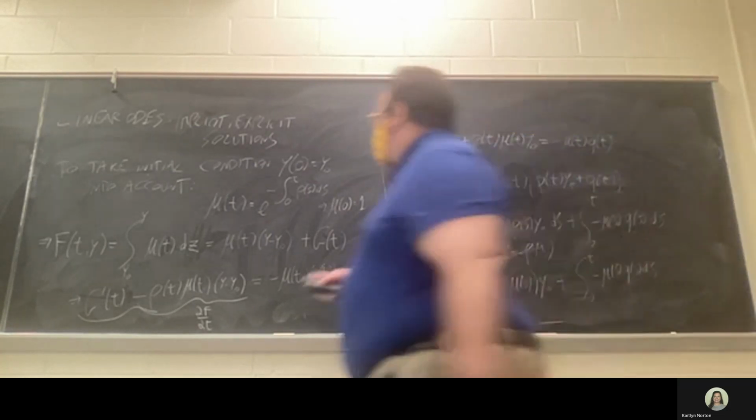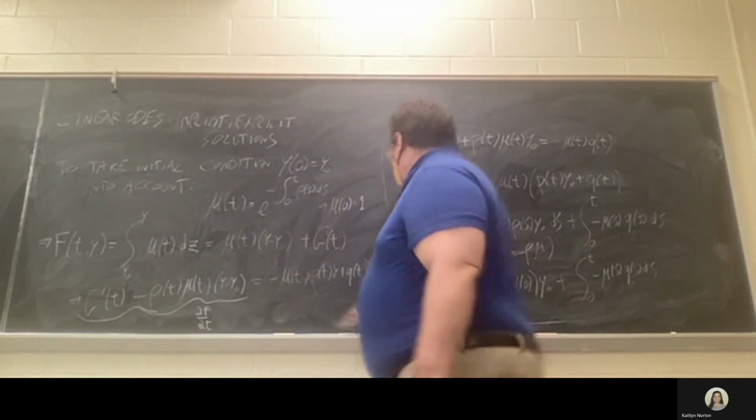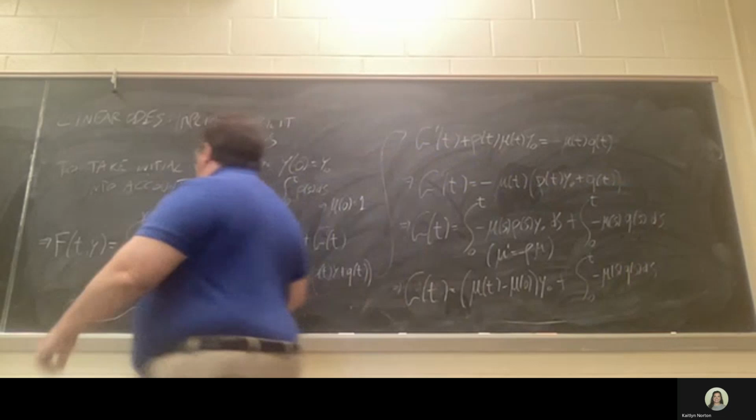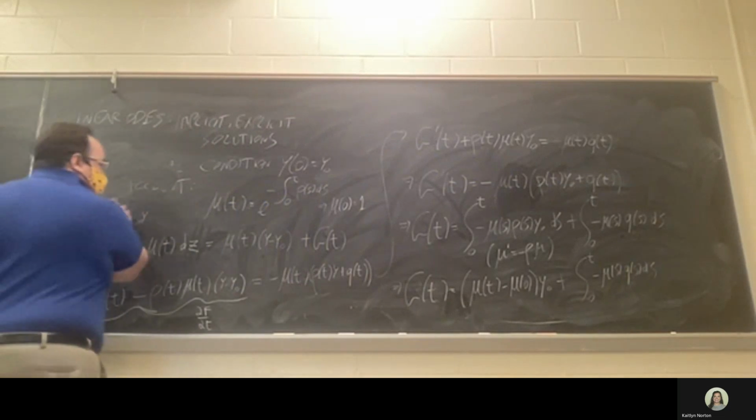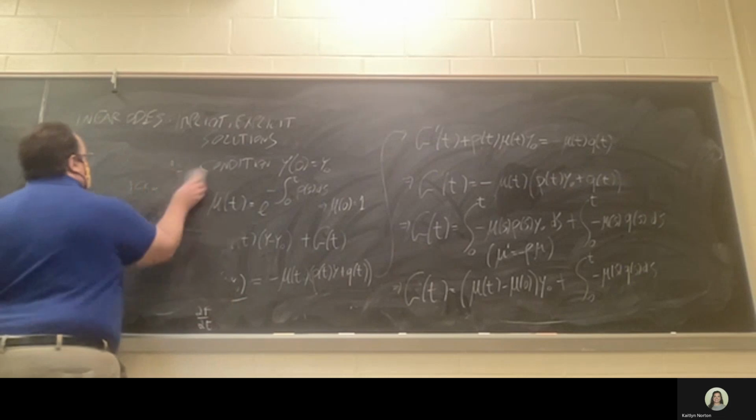Yeah. Okay, so now I can write down all of capital F of t, y, which is what I had before, plus that. So now let's write all that down. Mu times y minus y naught.